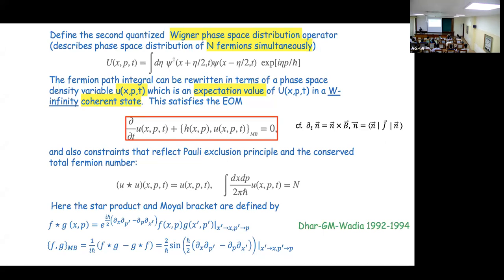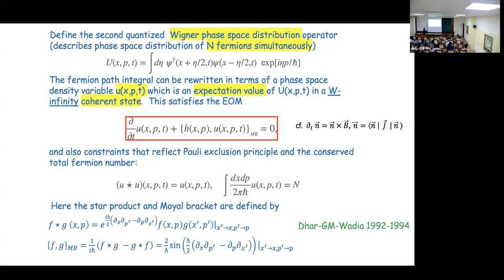Now, I call it an h-bar deformation, but actually this is an exact result. I don't need to think of the h-bar equal to 0 limit. This is actually an exact result which you can derive. And this expectation value u also satisfies some constraints.